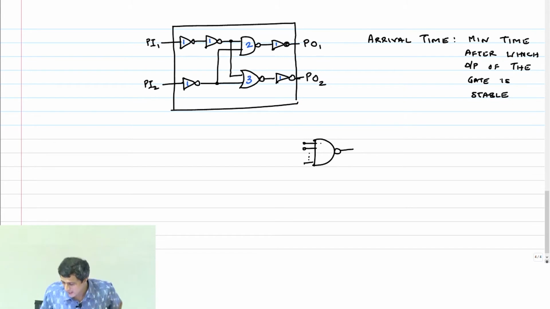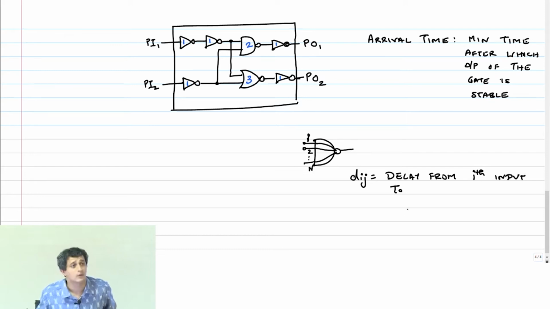And in general, if I have delay from one input to the output all different, right? So if I have inputs 1, 2, ..., n, and my output is just one of them, then let Di equal the delay from the ith input to the output.